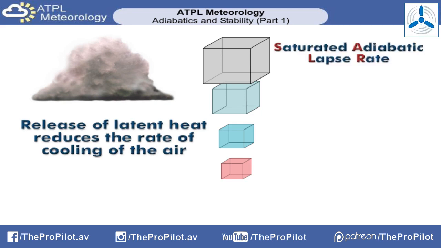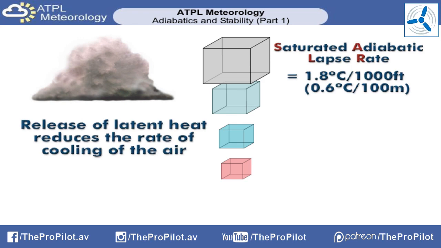This new lapse rate is called the saturated adiabatic lapse rate, or SALR, and is on average 1.8 degrees Celsius per 1,000 feet of lift, or 0.6 degrees Celsius per 100 meters. This is the rate at which saturated air will cool if forced to rise.